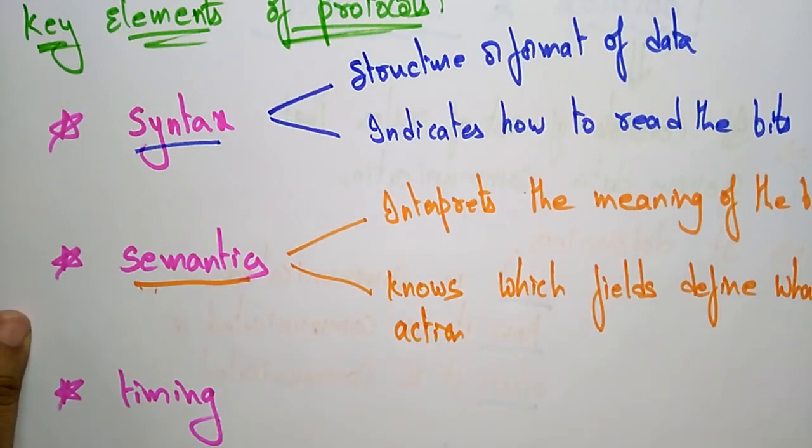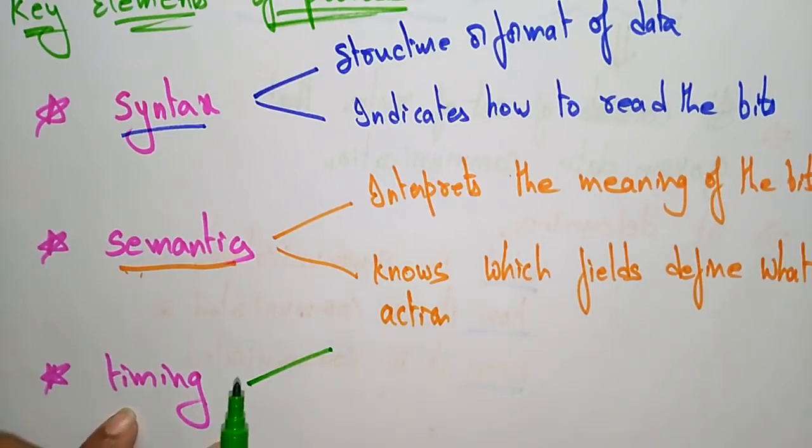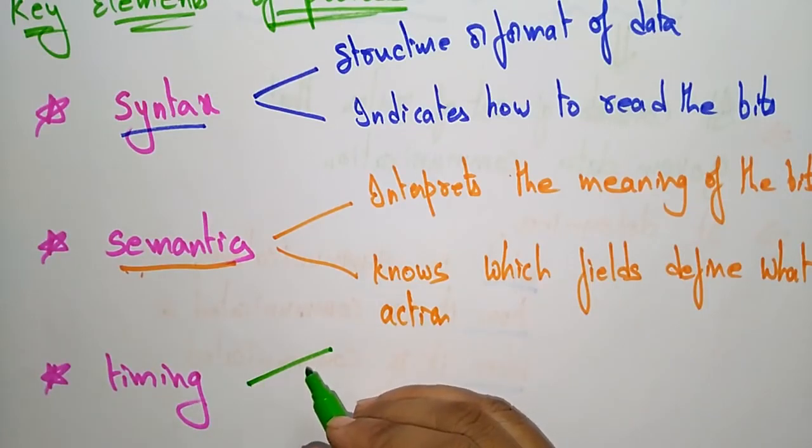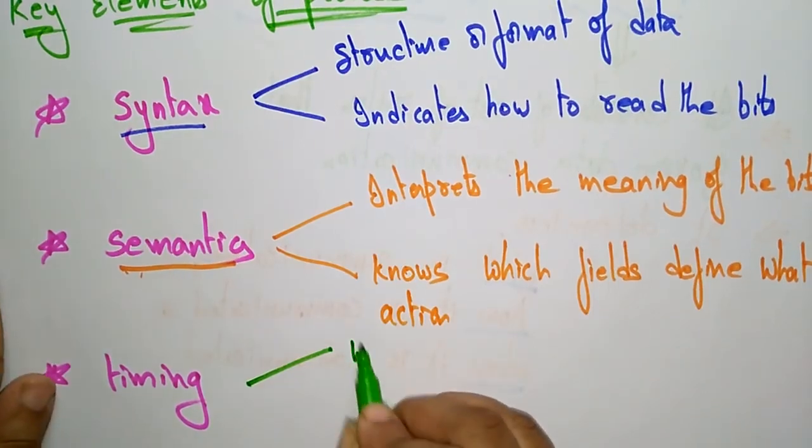Now let's see what timing is. What does this key element of protocol, timing, do? Timing is when data should be sent and what data has to be sent.